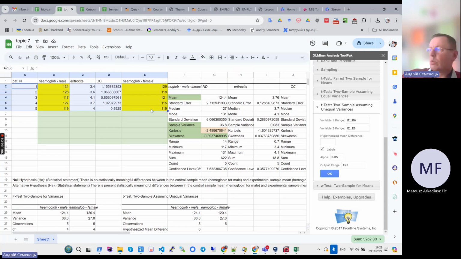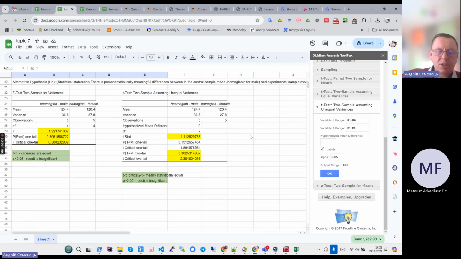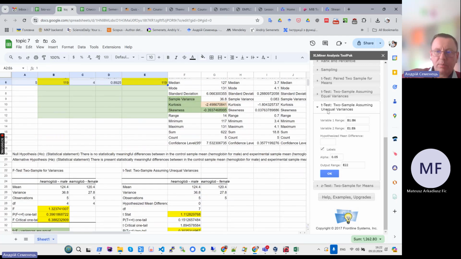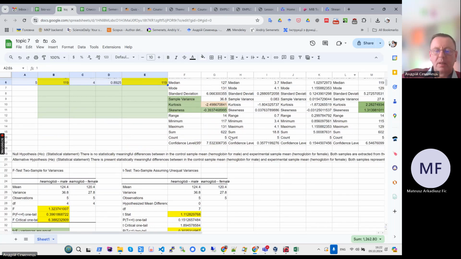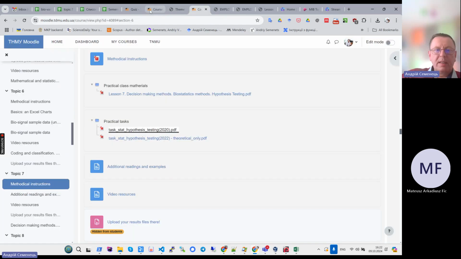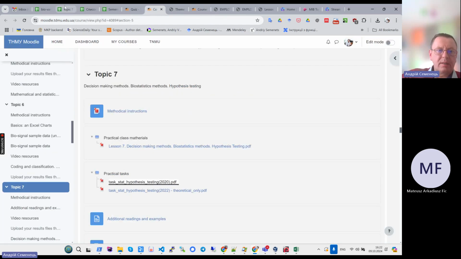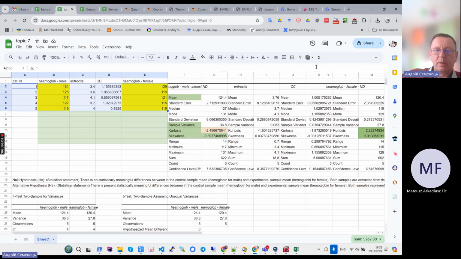So the more data, the better precision we will have. It's actually a demonstration of how to make this calculation with brief notes about how to describe it. That's all. Important final points. Okay, let me stop recording.